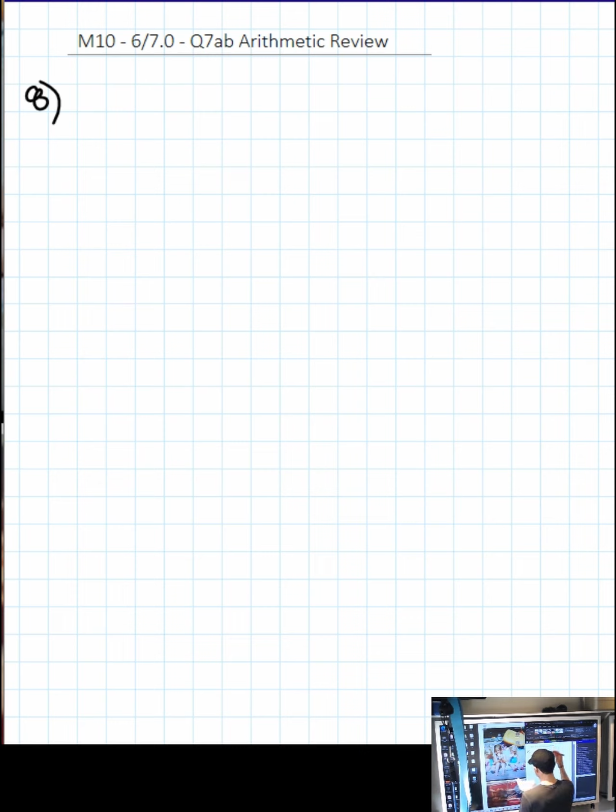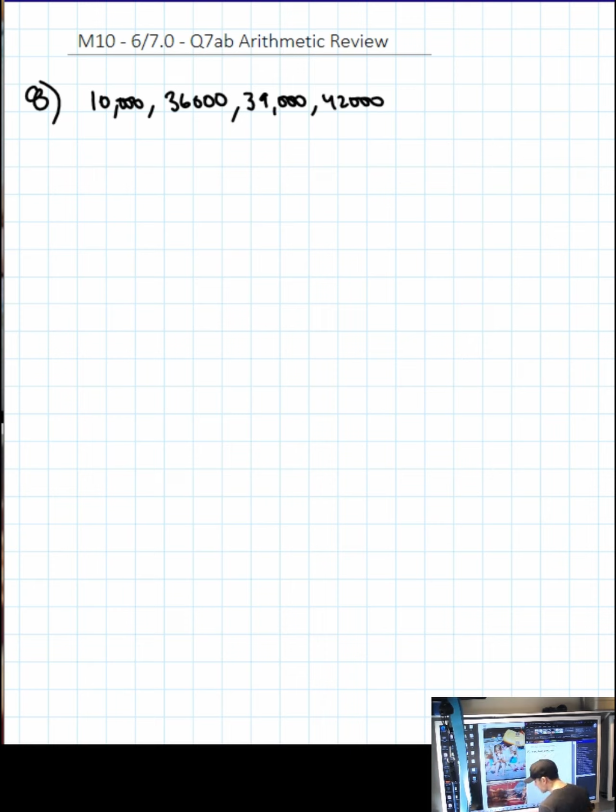Okay, number 8. So you have a signing bonus of $10,000, then make $36,000 in your first year of work, then get a raise of $3,000 per year. That means in the second year we're going to make $39,000. And the third year, we're going to make $42,000.